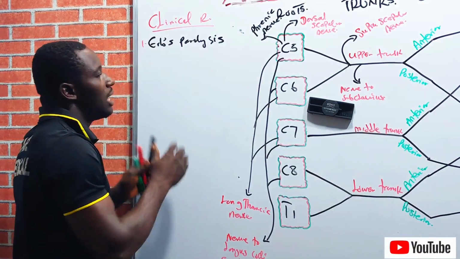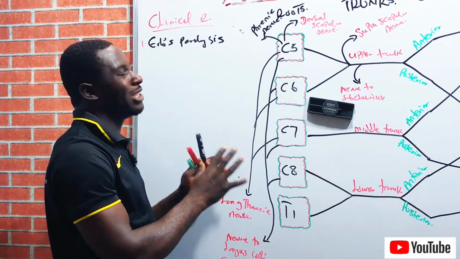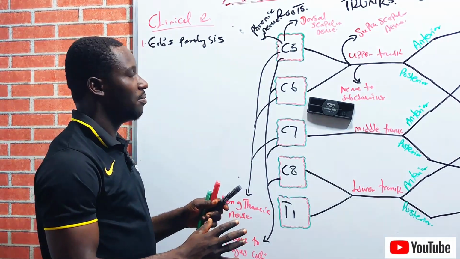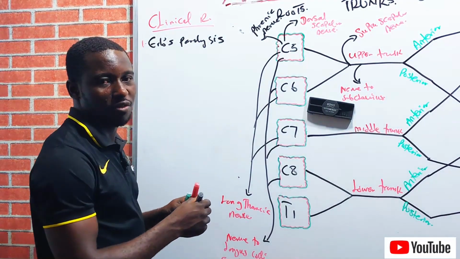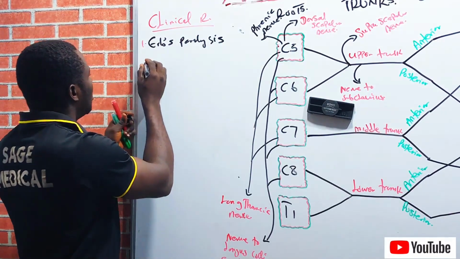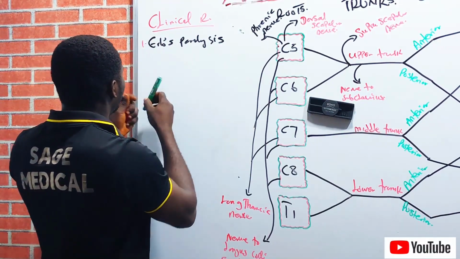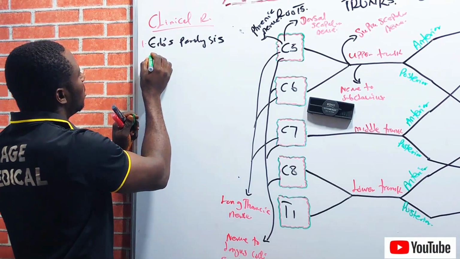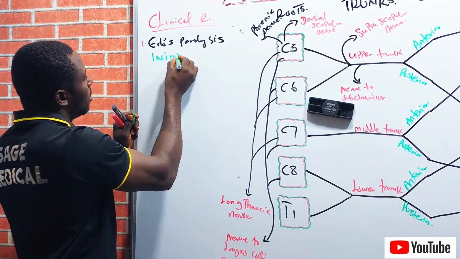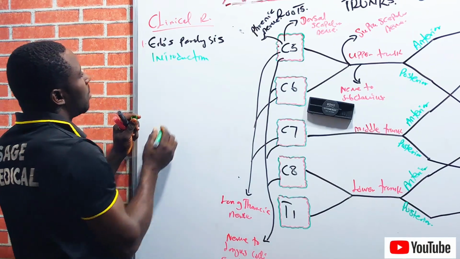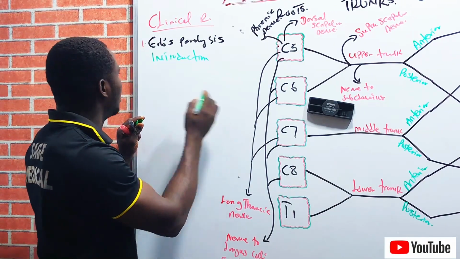Okay, we have the standard way of writing Erb's paralysis in a medical exam. Now, I have a mnemonic for it. The first is introduction, that is what is Erb's paralysis.